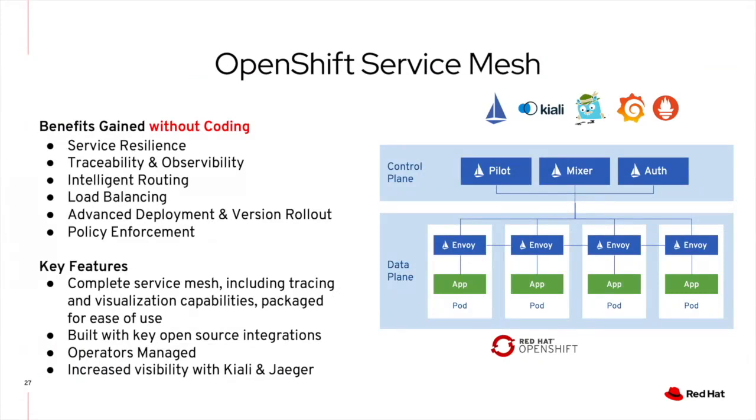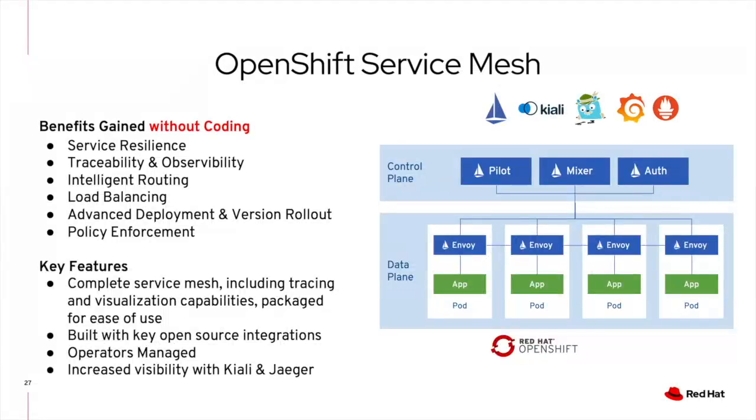Citadel manages service-to-service and end-user authentication. Pilot, which is the third component, handles the traffic management capabilities for intelligent routing such as A/B tests, canary deployments, and also provides resiliency such as timeouts, retries, and circuit breakers.